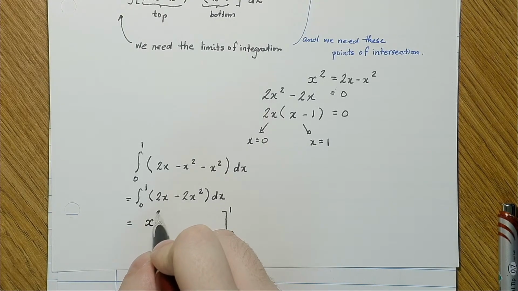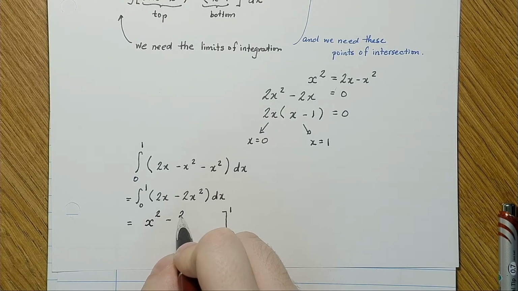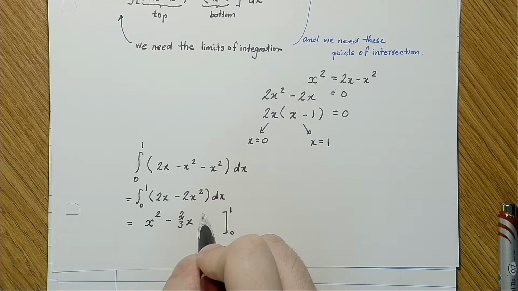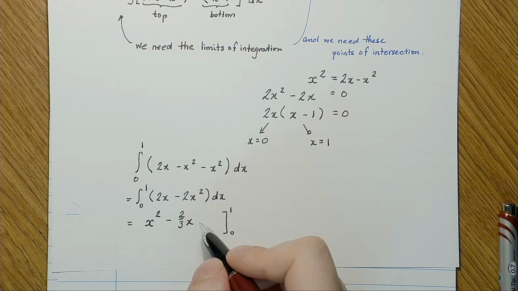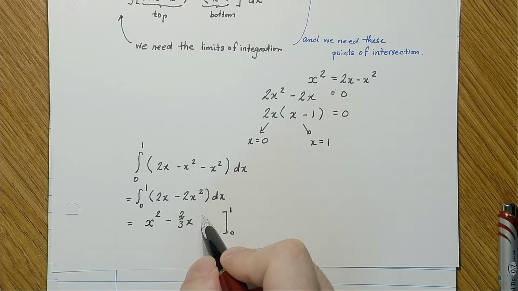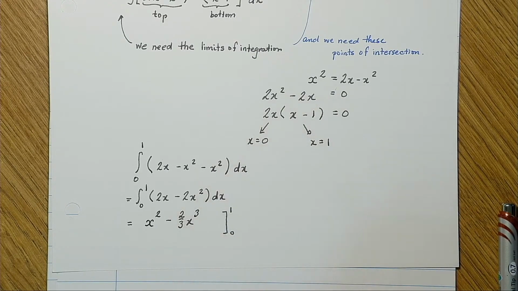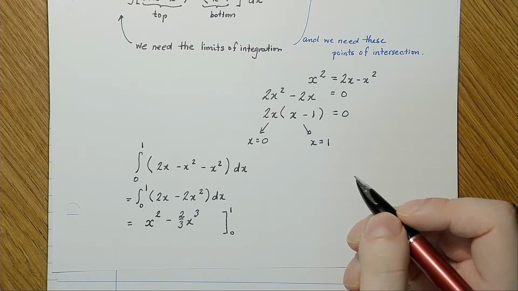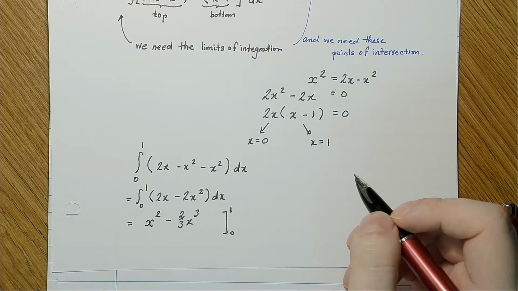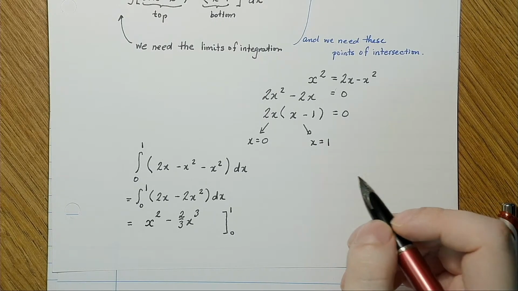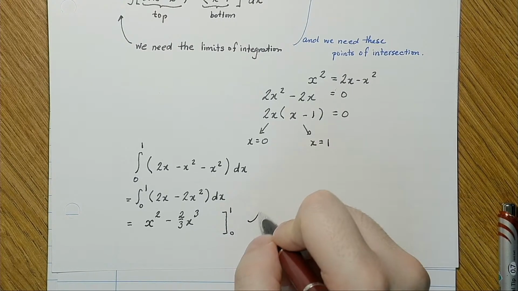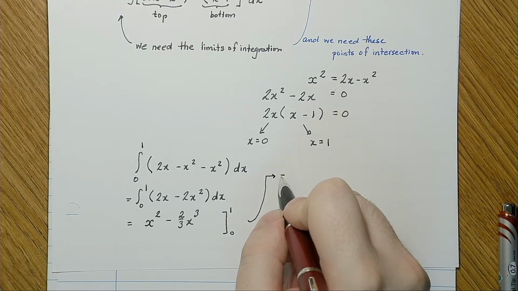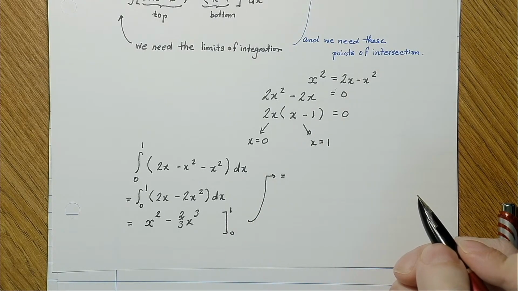The x squared minus 2/3 x to the 3. Yes. So I see that that's what Mr. Maple says as well. So that's correct.